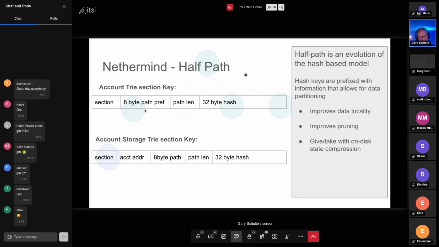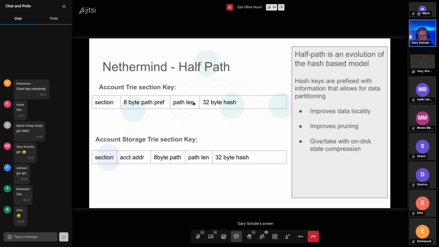So when you sort by the path, say you've got this section byte and this path prefix, you're going to have all of the elements, or most of the elements that are relevant to descending down a path, stored next to each other on disk. So you get improved data locality. When you are reading off disk, when you're reading from cache, it's going to be more performant. Cache is going to be more effective.